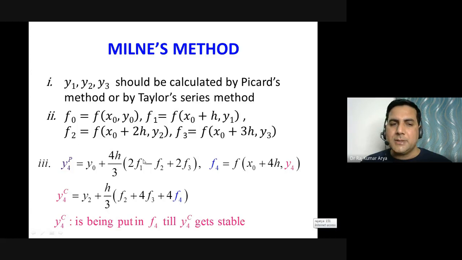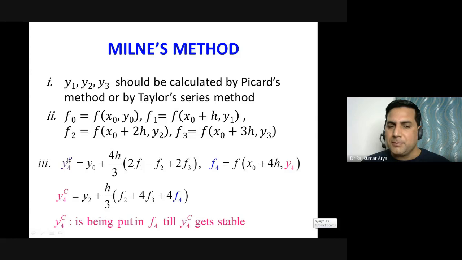Once you know these, you can calculate the predicted value: y4 equals y naught plus 4h by 3 times 2f1 minus f2 plus 2f3. Then you can calculate f4 corresponding to y4. Now the corrected value would be y2 plus h by 3 times f2 plus 4f3 plus f4.